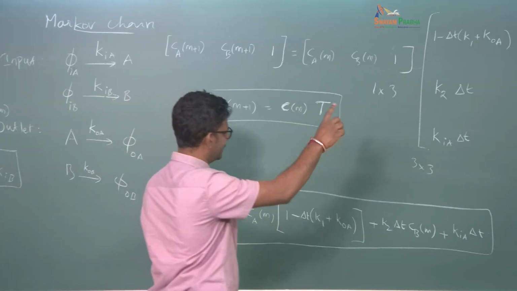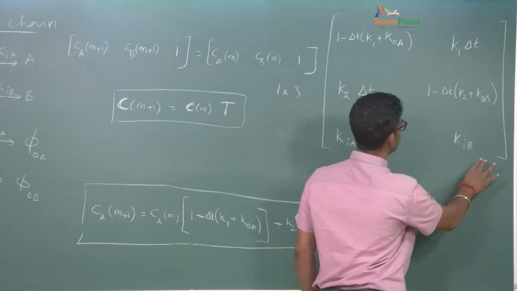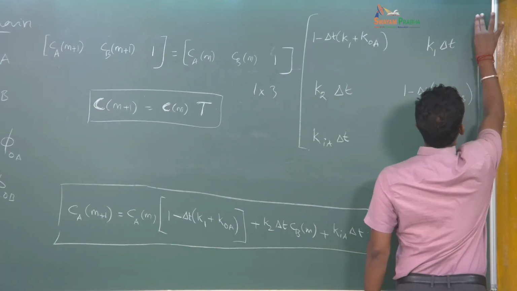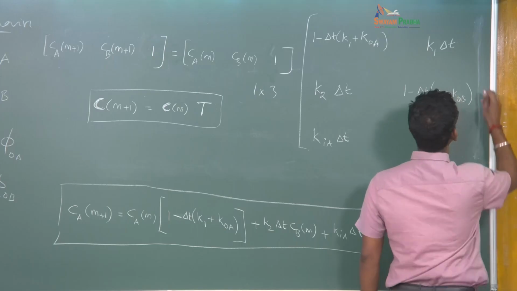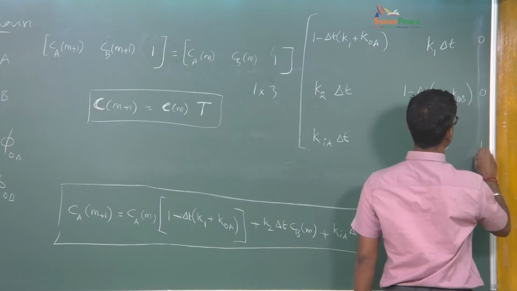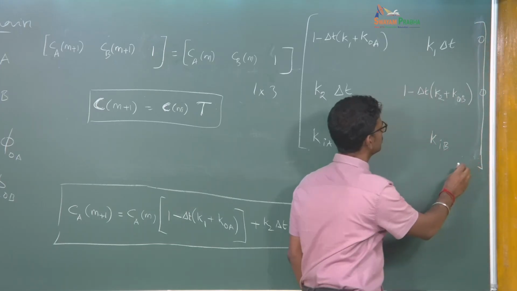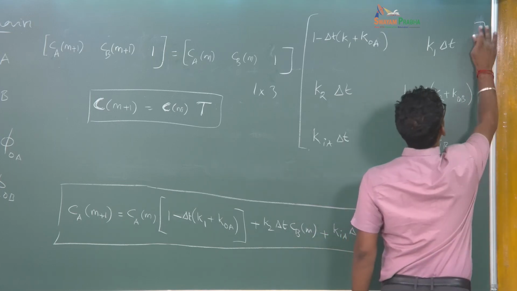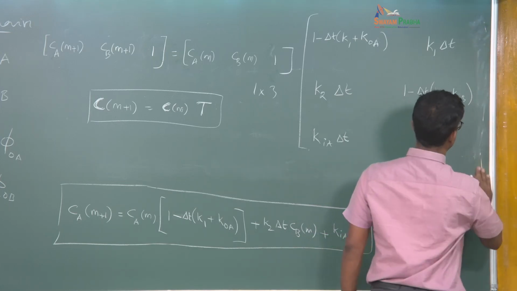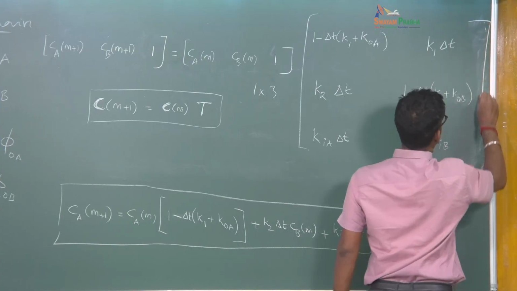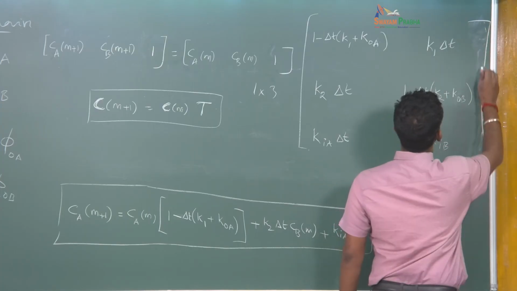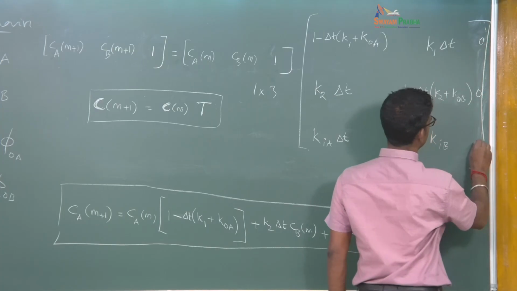Yeah, you're right. Actually I have to add one more row here, and that row could be 0, 0, 1.